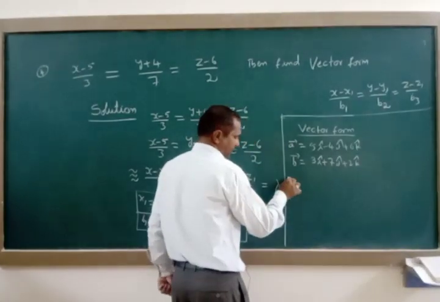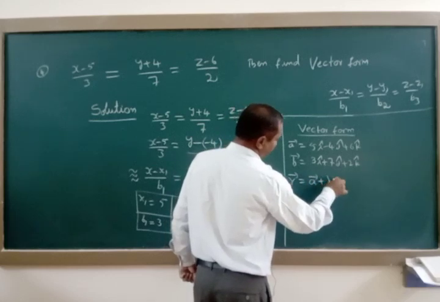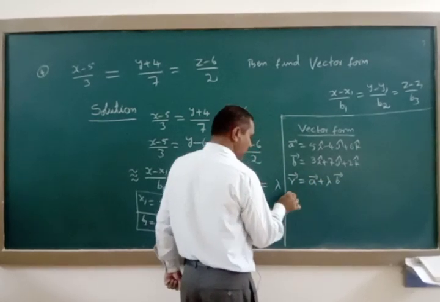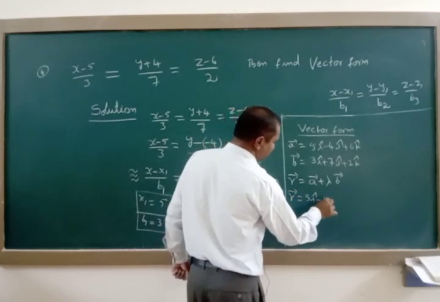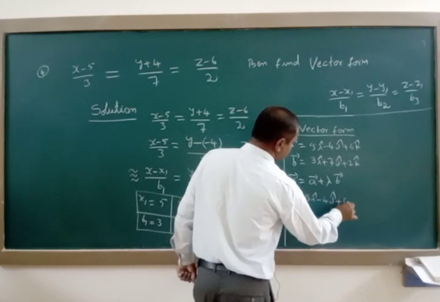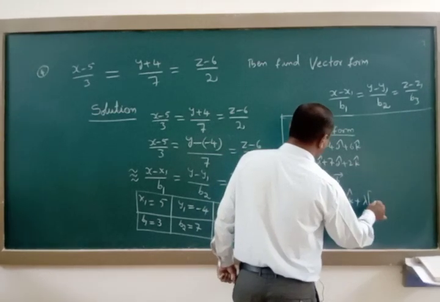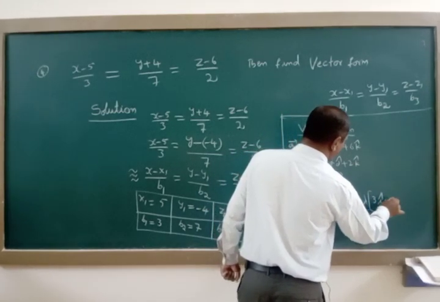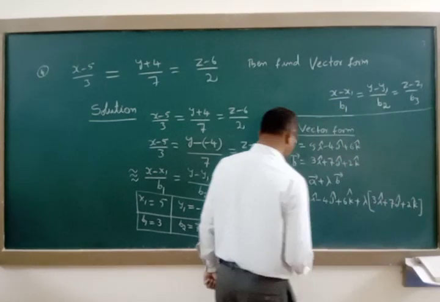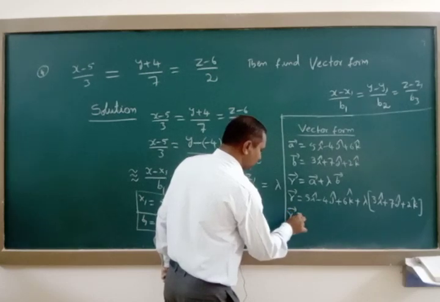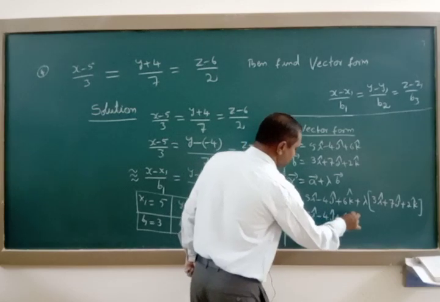Then the vector form formula is r vector is equal to a vector plus lambda into b vector. So r vector is equal to 5i cap minus 4j cap plus 6k cap, plus lambda into 3i cap plus 7j cap plus 2k cap.